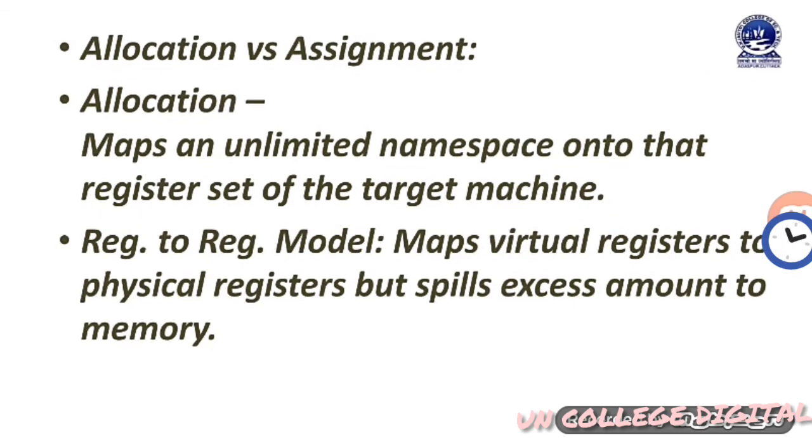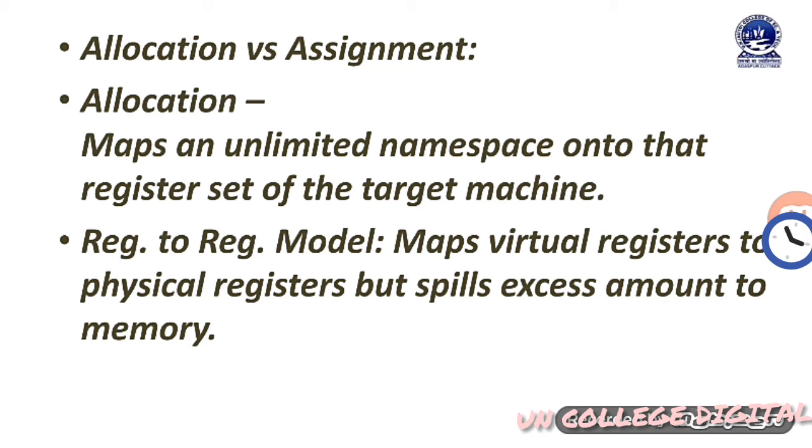Now I am going to discuss exactly what the process of allocation is and what the process of assignment is. Allocation maps an unlimited namespace onto the register set of the target machine. The register-to-register model maps virtual registers to physical registers but spills the excess amount to memory.